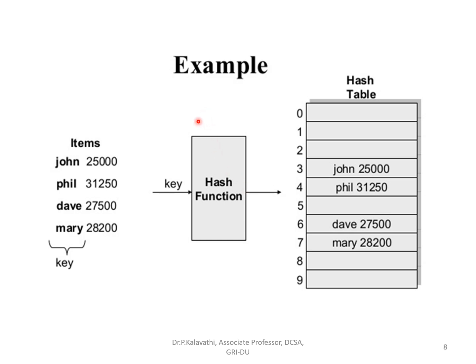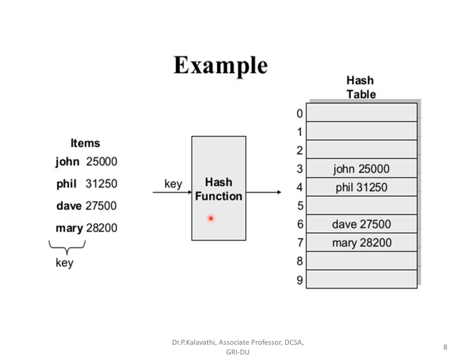This is another example which illustrates finding a key for a hash function. In this example, our items contain a name and a salary. Either you can take both name and salary as a key, or you can take any one, a name or a salary, as a key. In this illustration, the name alone is taken as a key and is used as an input for the hash function.